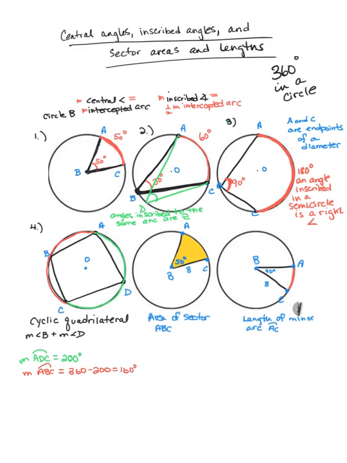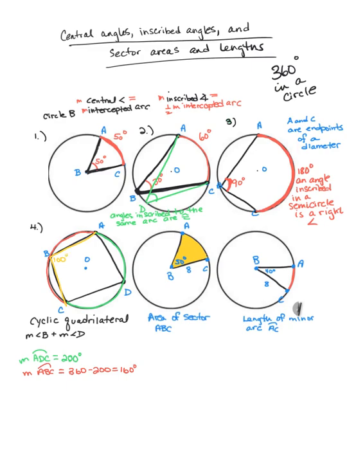All right, well, now, if you take a look at angle ABC, isn't that inscribed in this green arc? So how many degrees would that have? Okay, 100 degrees.